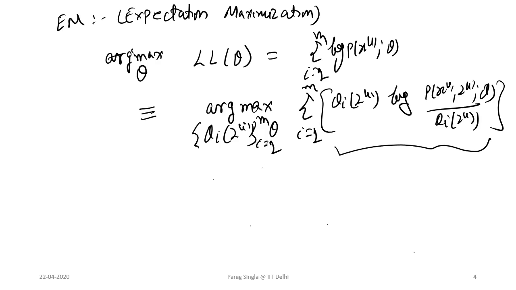And this is exactly what we have done on the previous slide: you maximize with respect to these two sets of parameters, one at a time.